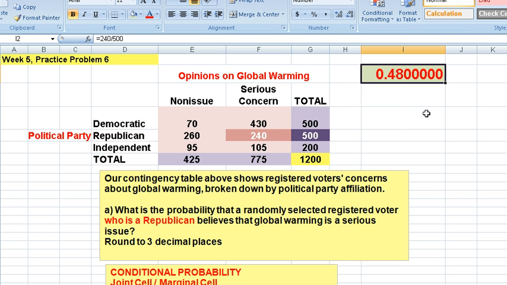So we need to reduce the number of decimal places. We go up to this area of the toolbar, click on the right facing arrow, and go down to 3 decimal places. If we need to increase our decimal places, we can always click the left facing arrow, but we need 3. So that's as simple as that.